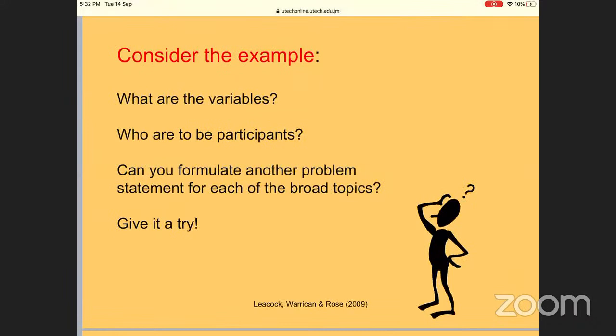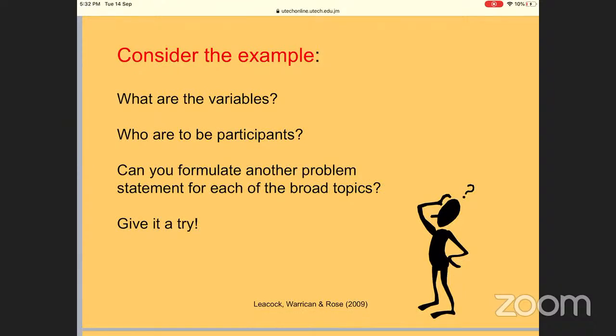So we looked at the variables, and who are the participants? You don't need to go back. Where is this being done? Online. So persons online. No. University. Where's the setting? Where is the setting?